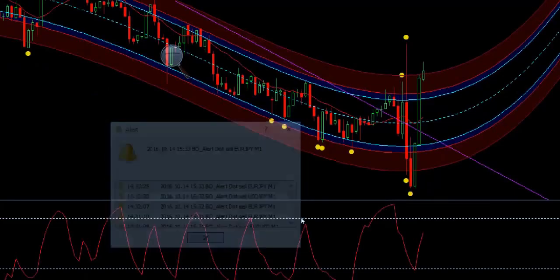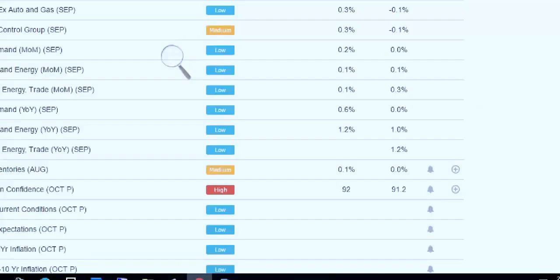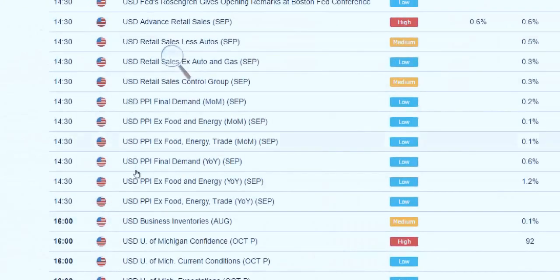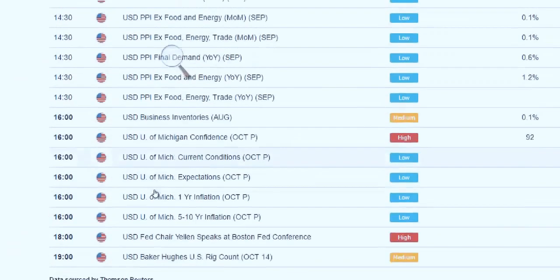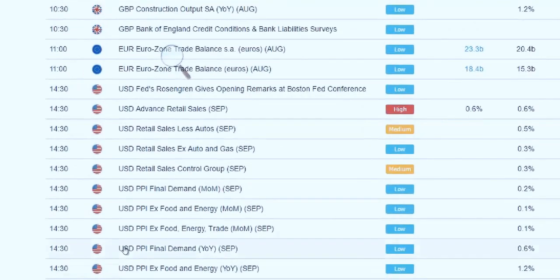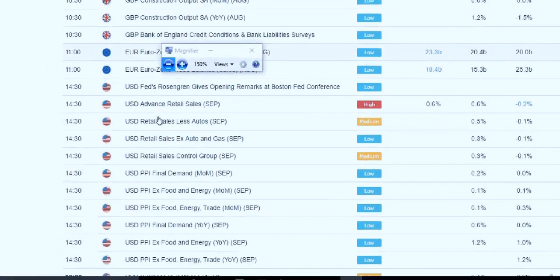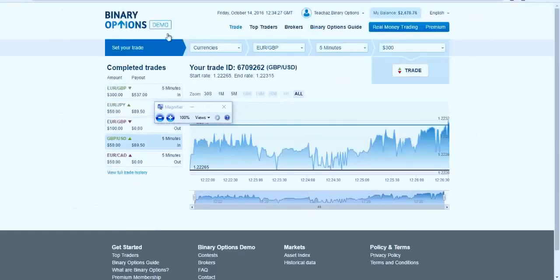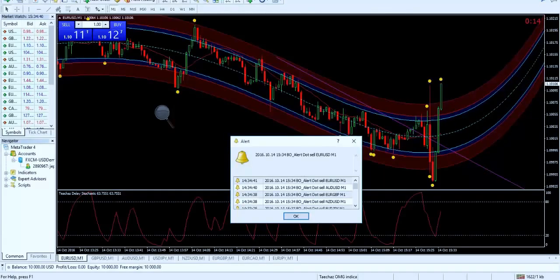So anything that has anything to do with the USD is going to be affected, as you can see here. If you don't know, when you just get this signal, sometimes you can just trade, but it's wise to know that you have to avoid trading over the news time.